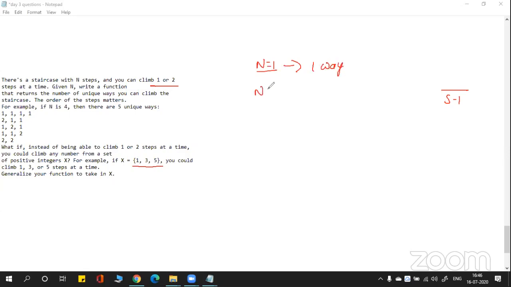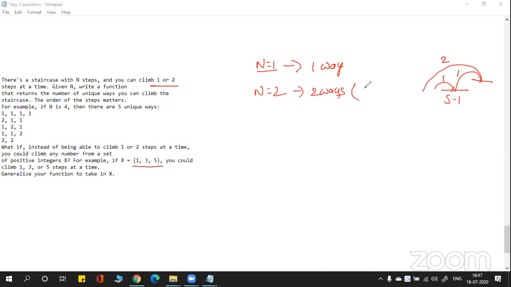When n is equal to 2, there are two steps. Either you can go by using one step and one step, or directly you can climb two steps. So one and one, or two. Here how many ways are there? Two ways.